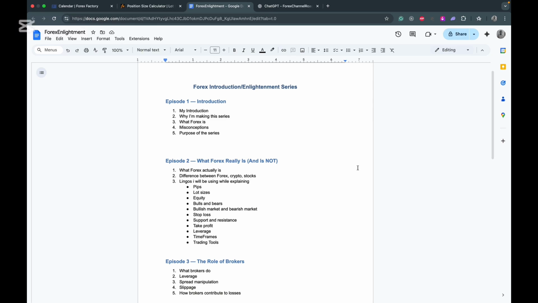Remember, a mini lot size starts at 10,000 units and above, up till 90,000. A standard starts at 1, which is 100,000. So if the broker gives you 1 to 10 and you have $100, your purchasing power is limited to 1,000 units, which is just a micro lot size or micro unit.